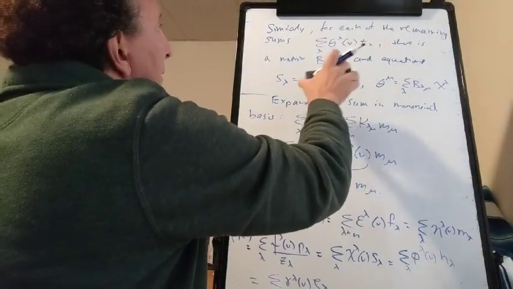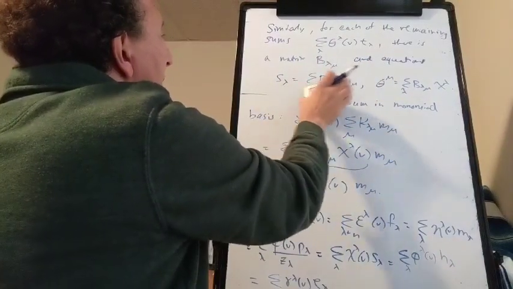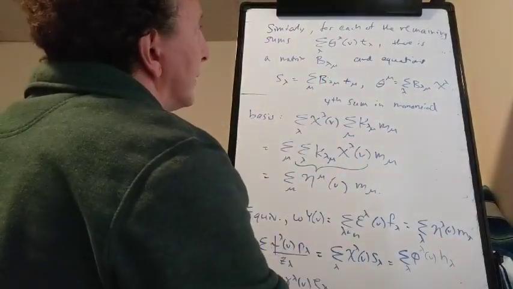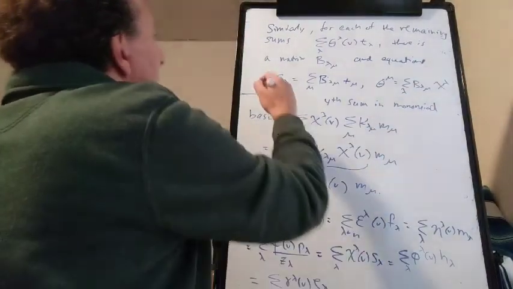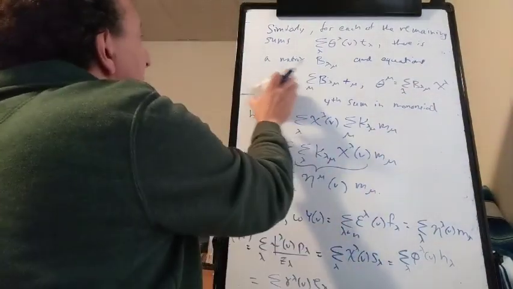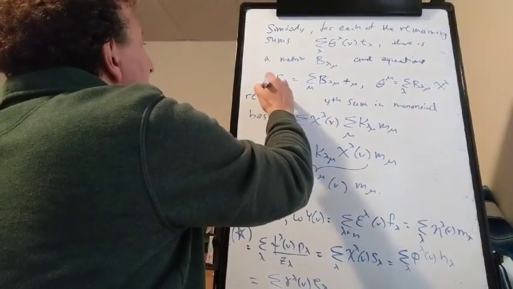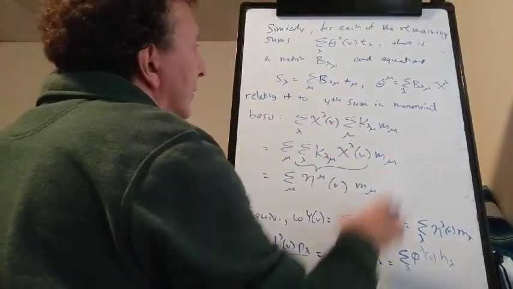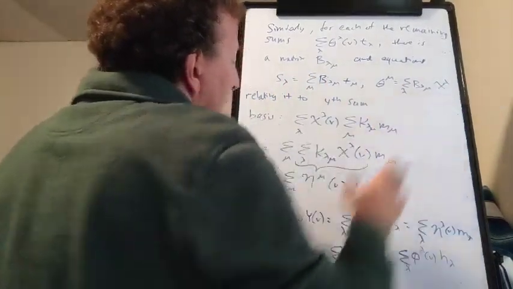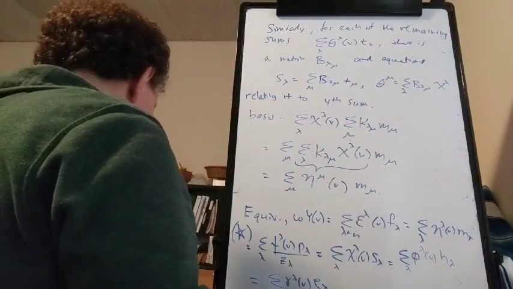So each of these sums is related to the fourth sum, and then we can do the same thing here.